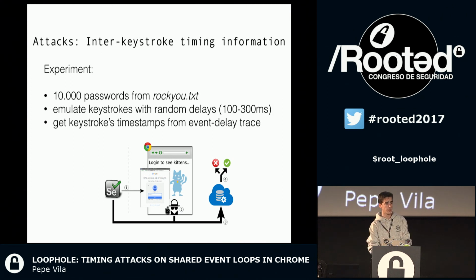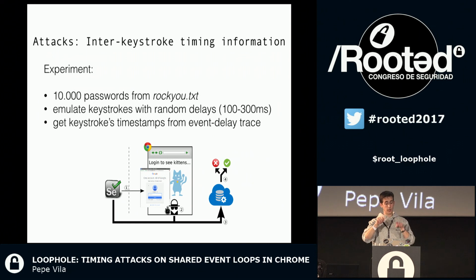So what was my experiment about? I took several passwords, and then I set up Selenium emulating the victim. It skipped the pop-up of Google Logout, which is a typical event, because the pop-up has a reference and shared events.